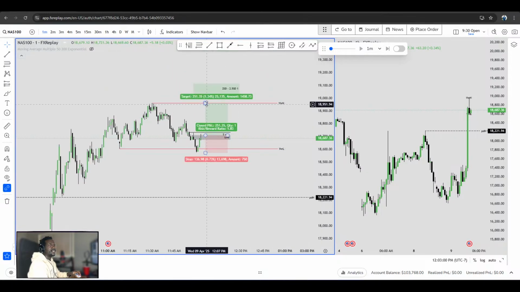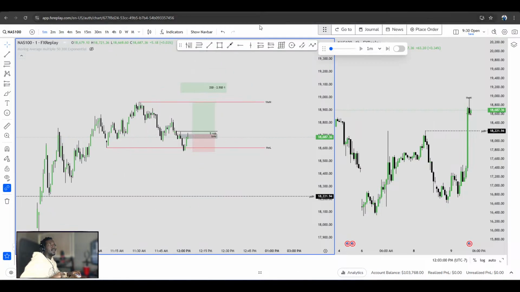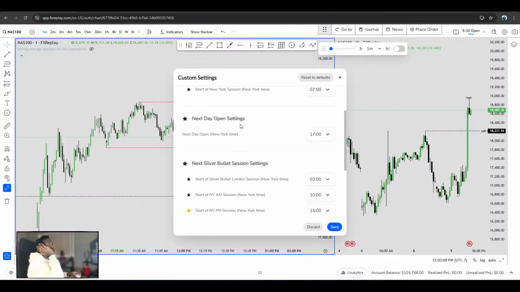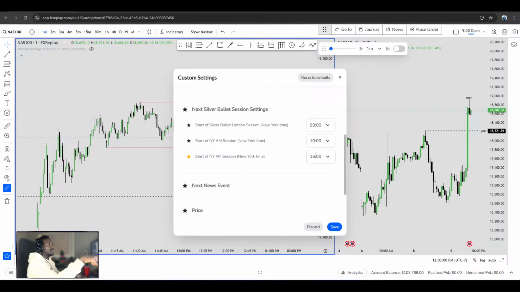We already did this, so I just started from the previous day. So let's keep going. What we do is just come here, go to custom settings, and I want to go to 15, or that'd be 12. That's 3 p.m., right? How did I say 15?